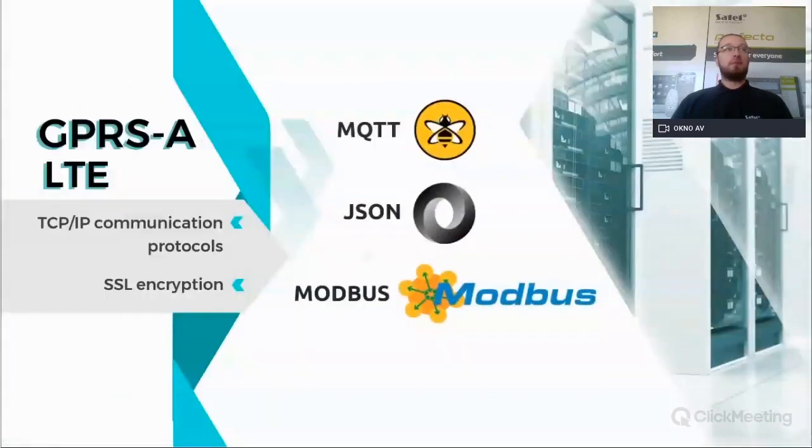Okay, GPRS-A LT. In addition to gathering information from the sensors, you are able to use this information not only for messaging the end user, but also on the monitoring station. You can use MQTT, JSON, and Modbus, and send it, for example, to a server to log all this information, or to combine many GPRS-A in one big system that gives you full information on what is happening on sites or wherever you wanted to install them.